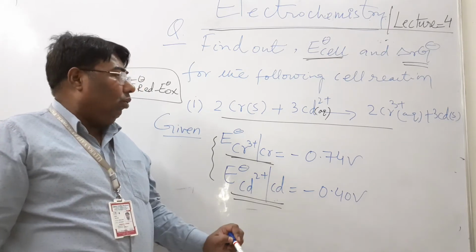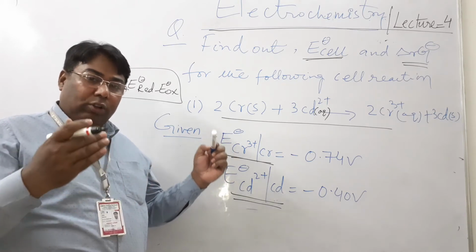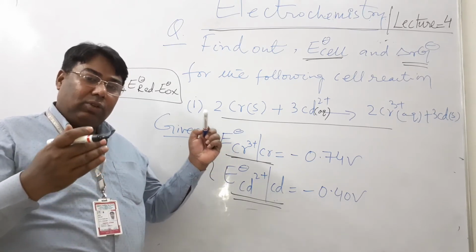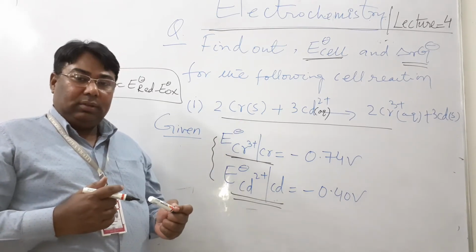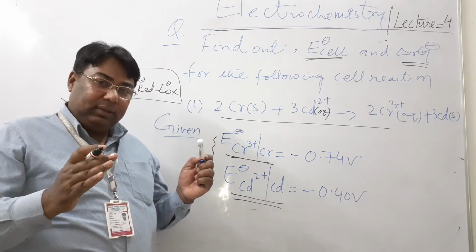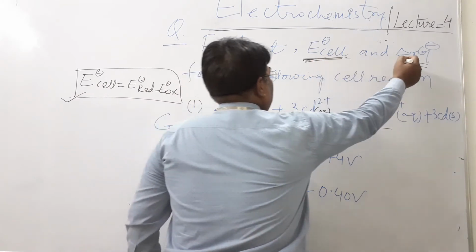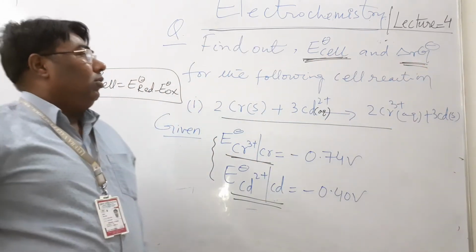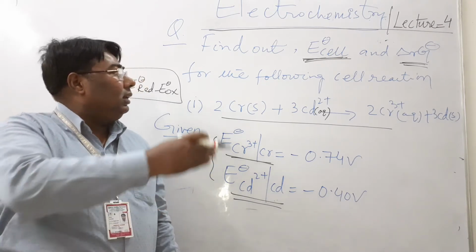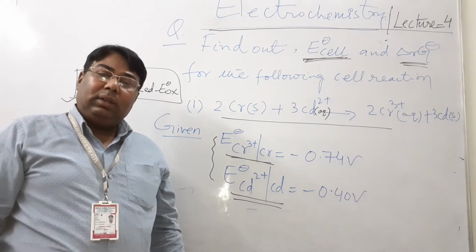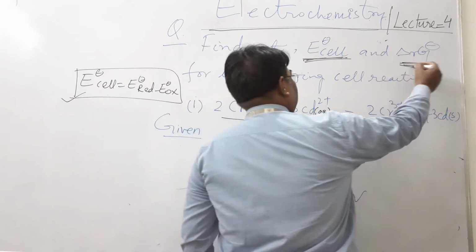Understand? Now we try to solve the numerical, and all of you try to understand how we can solve this kind of question. The cell equation is given. In the question, we want to determine two things: the E naught cell and the standard Gibbs free energy value.